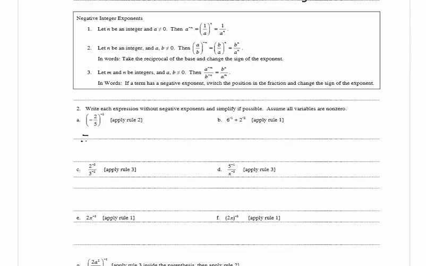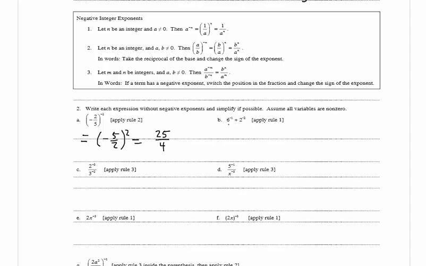So we can say that this is equal to negative 5/2 squared, and negative 5/2 squared can be written as 25 over 4. Negative 5 squared is 25, and 2 squared is 4.